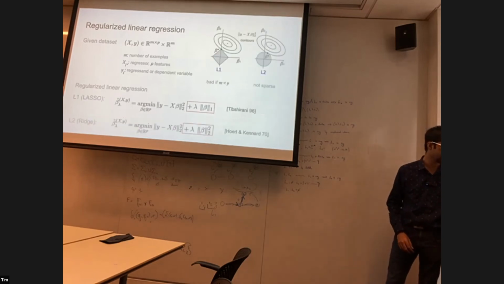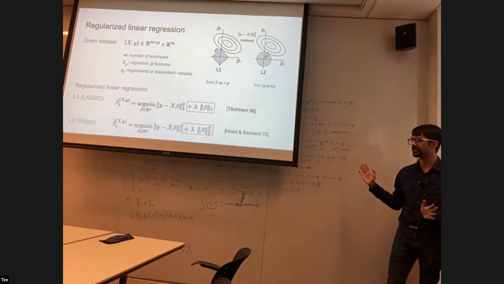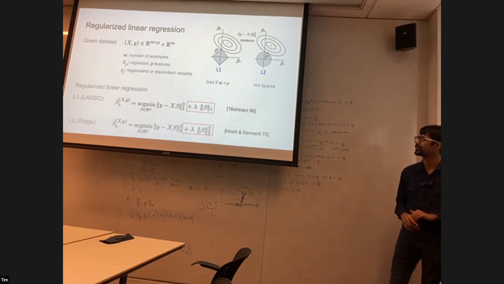For just the L1 problem, what you can do is essentially compute a piecewise linear solution. So your optimal beta parameter is a piecewise linear function of lambda. So you can essentially solve it for all lambda simultaneously and efficiently.